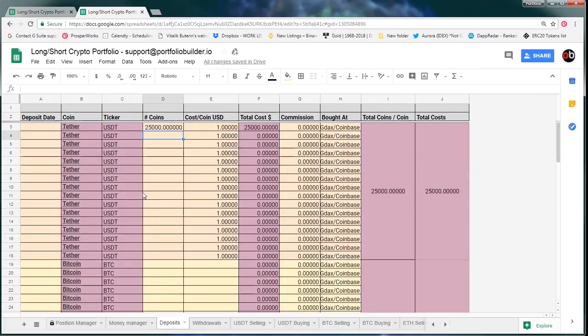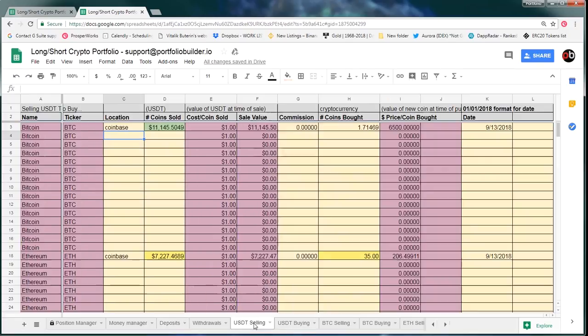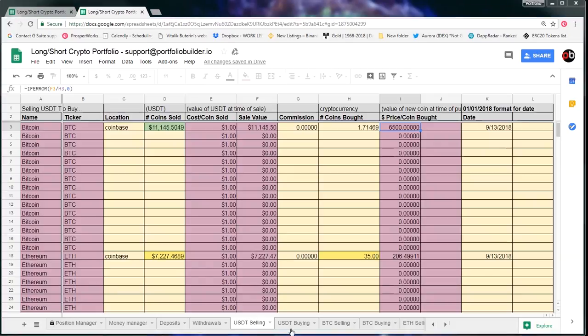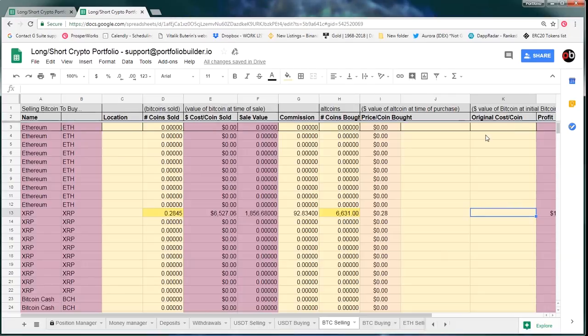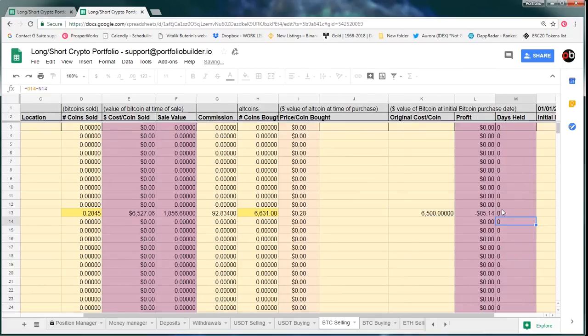No, it wasn't. In this case, I bought USDT with fiat money, and then I converted that by USDT selling. So I know my initial cost was $6,500 per coin. So I can type in 6,500, and it will tell me what my profit loss was.